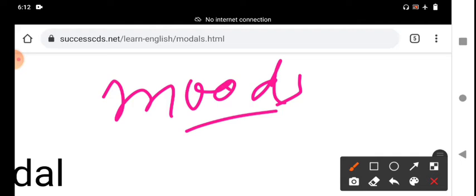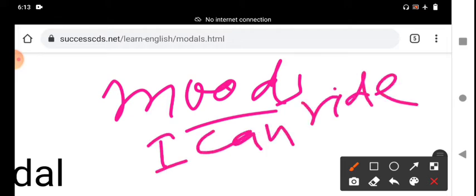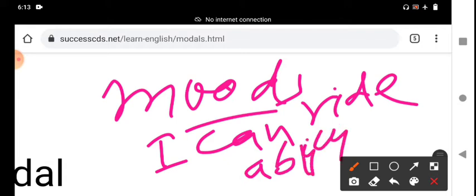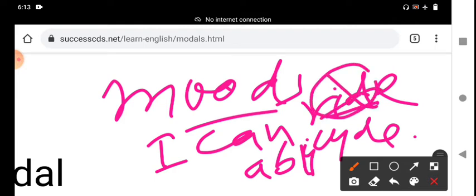Pure modals are never used alone. For example, "I can ride a bicycle." "Ride" is the main verb. They are never used alone and are always followed by the principal verb or main verb. If you delete it, "I can a bicycle." Does it have a meaning?